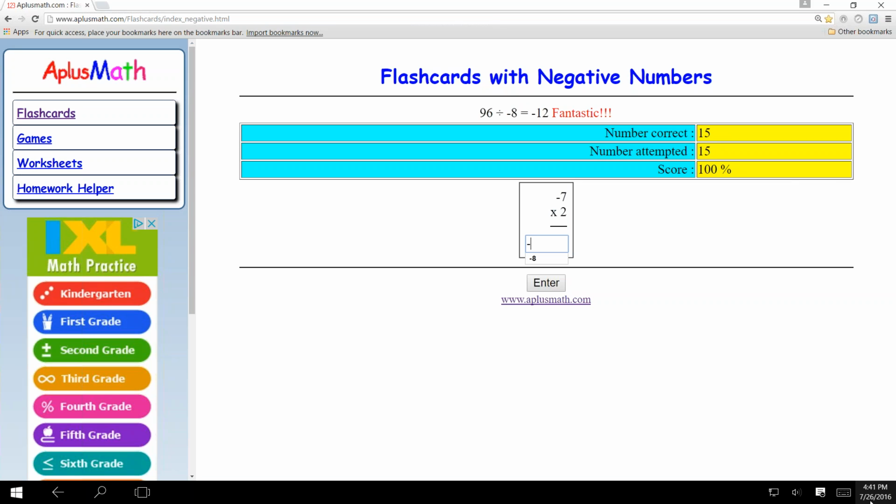Negative 14. Negative 44. What I like is you're no longer questioning the sign. You know the sign. Negative 1. Almost every single time you know the sign. 3. Negative 3.